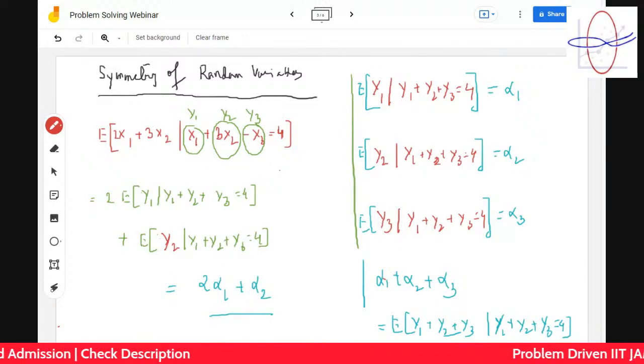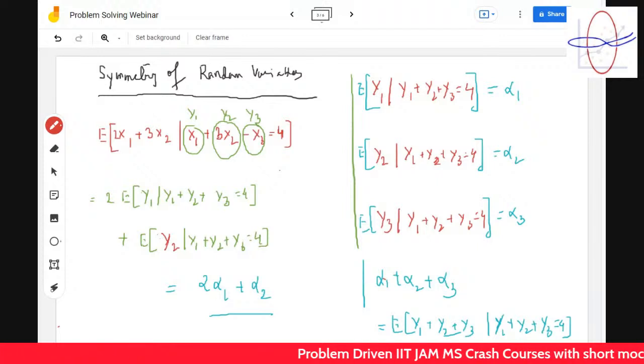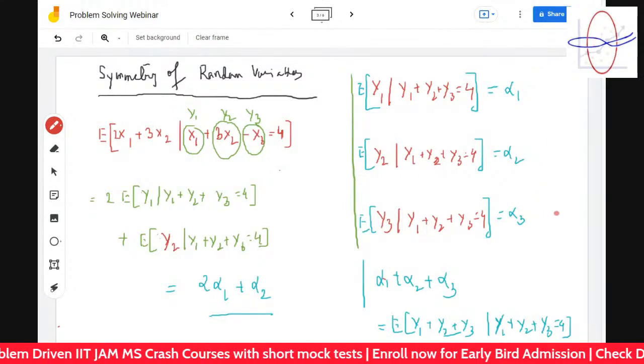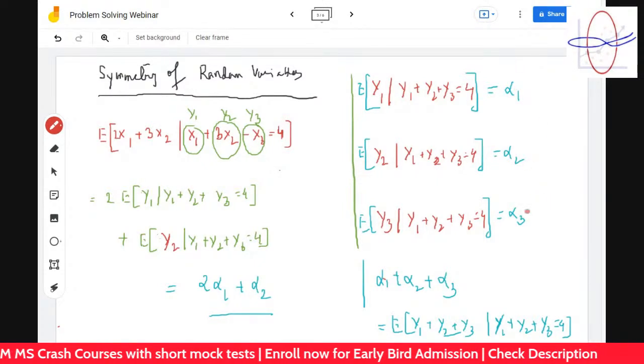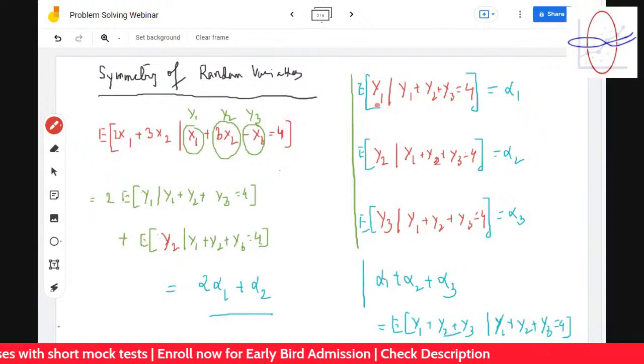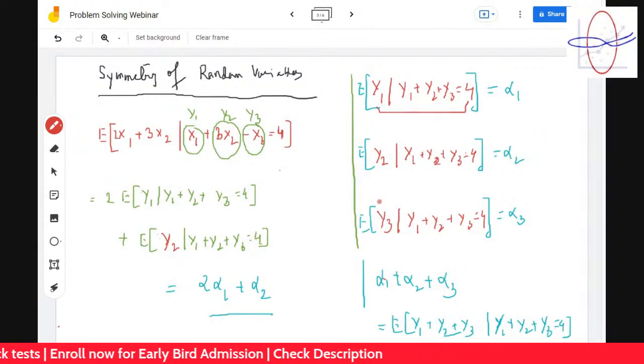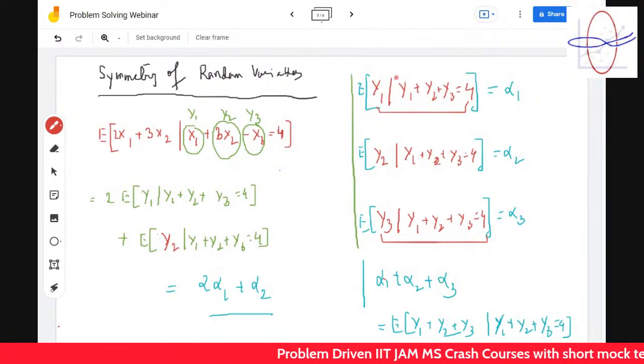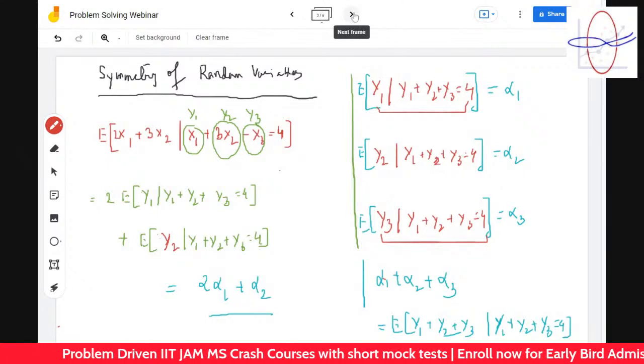Okay, in that expression 2 alpha 1 plus alpha 2, alpha 1 and alpha 2 are identically distributed, meaning symmetrical. Alpha 1 and alpha 2 are numbers, so they're equal. But y1 and y2 will be similarly... x1 and x3, you mean? I'm not understanding what you're telling me.